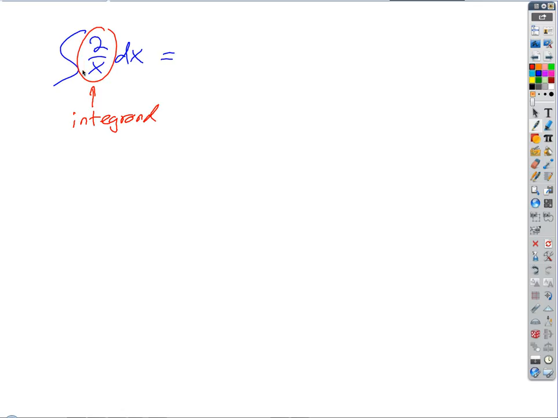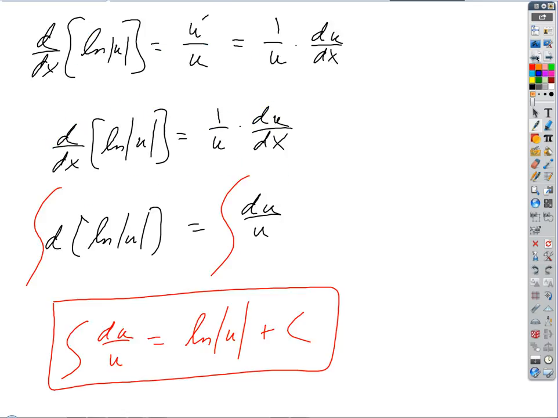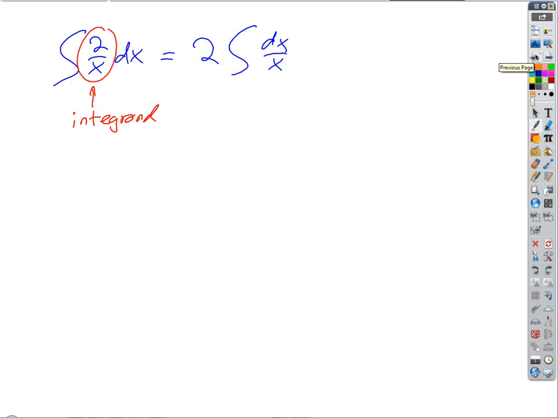Well, one thing we could do is pull that 2 out front, right? That might help. What's that look like? 1 over x dx, or dx over x. Isn't that our new rule? Those are equal.